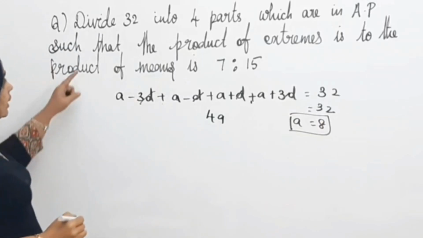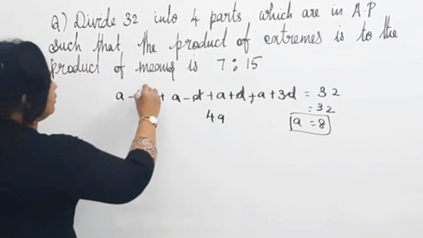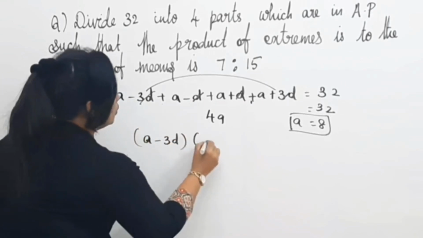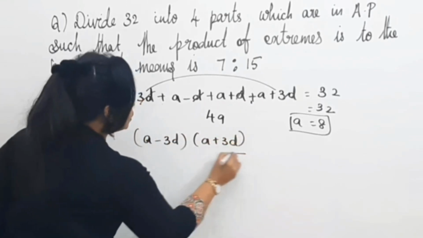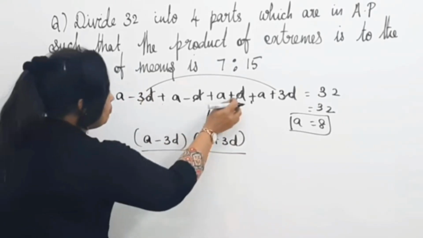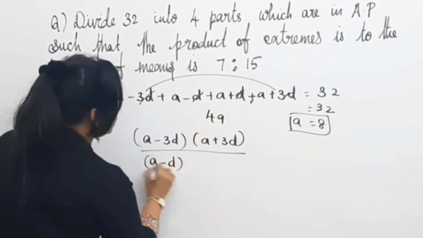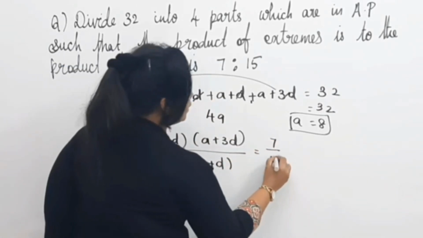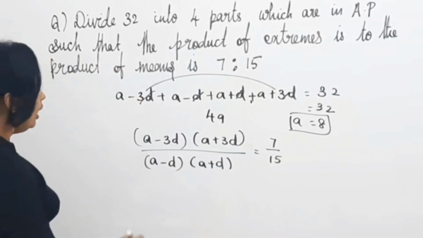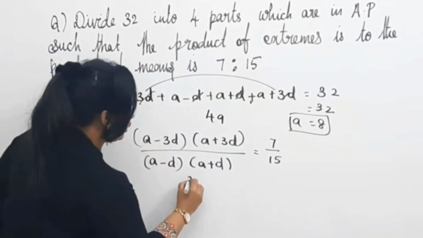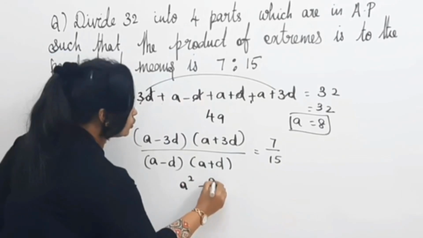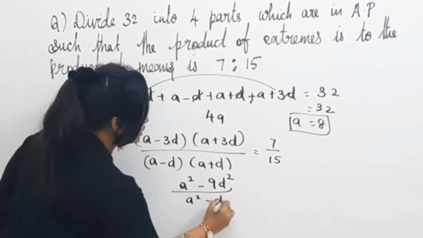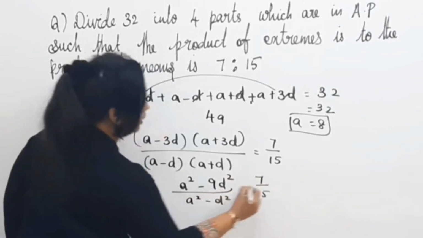Now the other condition is the product of the extremes. So when you multiply a minus 3d into a plus 3d, the ratio to the product of the means, a minus d into a plus d, is equal to 7 by 15. It's given as the ratio. Now I know that this can be written as a squared minus 9d square, divided by a square minus d square, which is equal to 7 by 15.